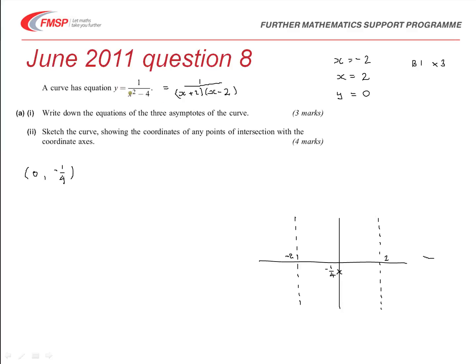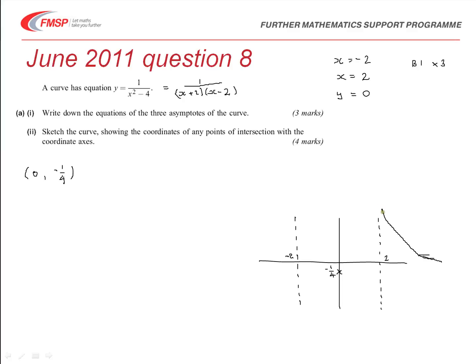If we put a number slightly bigger than 2 in here, 2 and a bit squared minus 4 will make this positive, so this piece must be on this side. So our section of graph from here must come down through in this sort of direction.